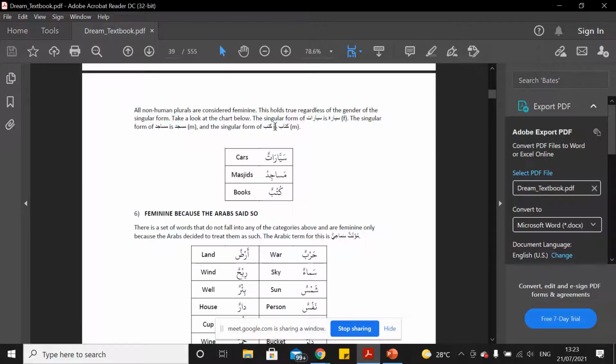Like masjid: masjidun, masjidan, masjidin, masjidani, masjidaini. No masjiduna. It will be masajidu, masajidi, masajida. So this masajid will be a singular feminine, not a masculine plural. Is that clear to everyone?